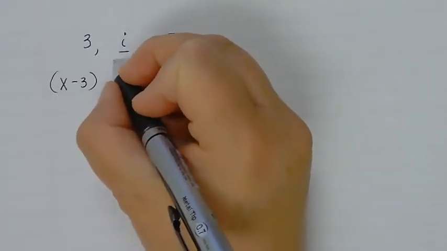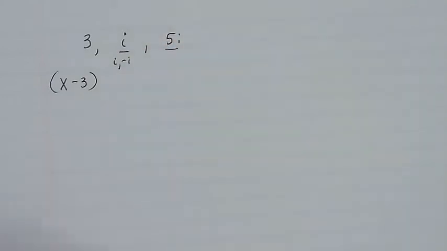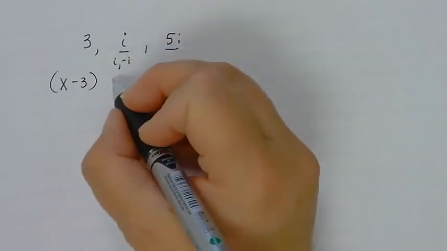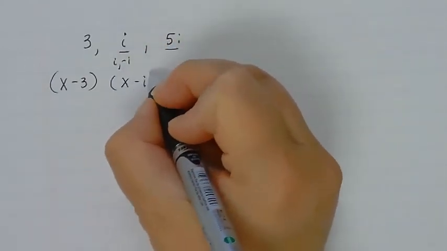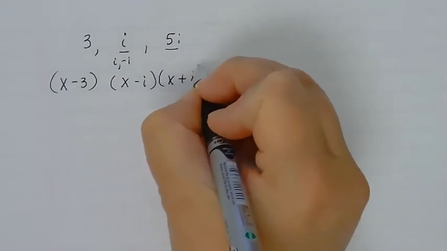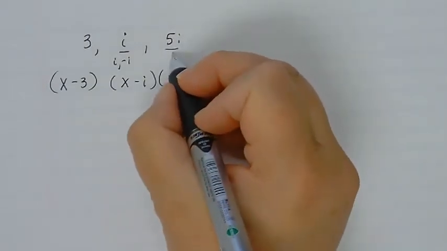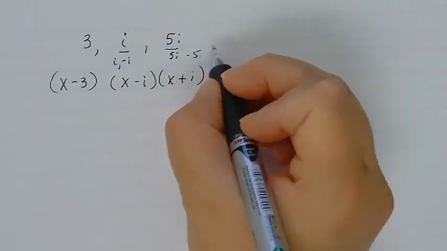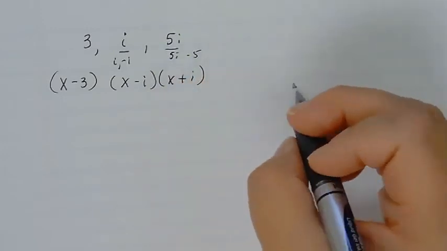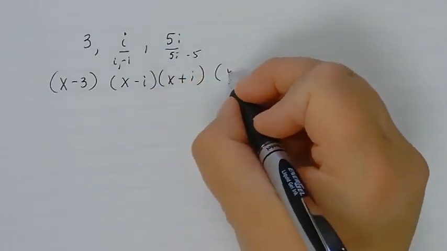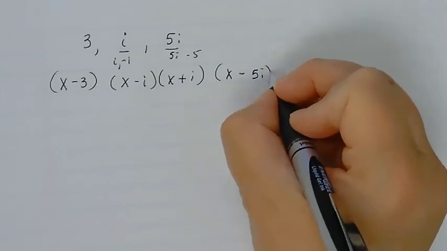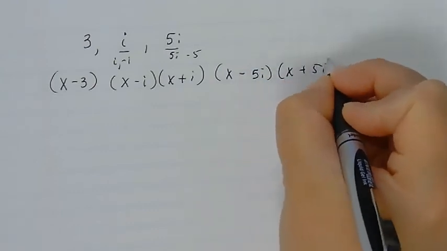You're going to have a positive i and a negative i with each imaginary. So in this case, I'm going to have x minus i and x plus i. For this one, I'm going to have 5i and negative 5i. So I will have x minus 5i and x plus 5i.